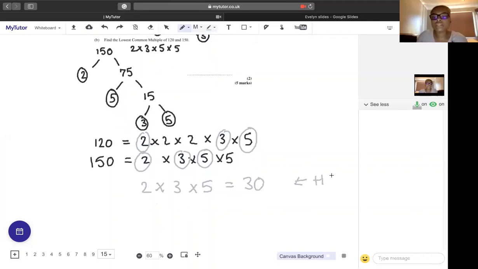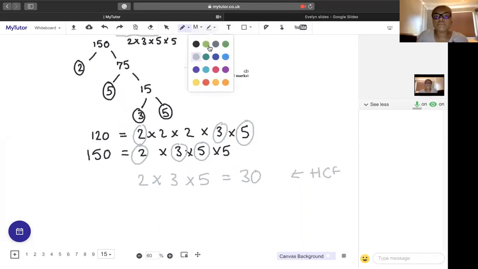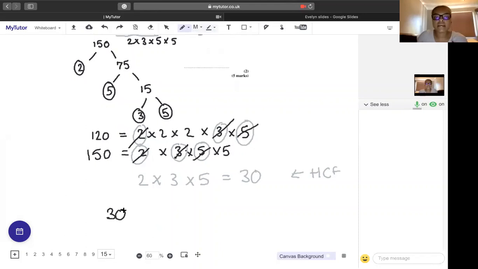Now the question is asking for us to find the lowest common multiple. So we're going to use our highest common factor to work out the lowest common multiple. So the numbers that we've used for our highest common factor, we can cross them off and write down our highest common factor at the bottom, and circle the numbers which we haven't already used, so the leftover numbers, and multiply this with our highest common factor.